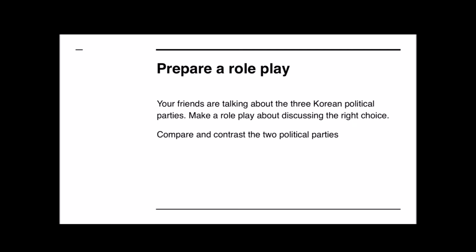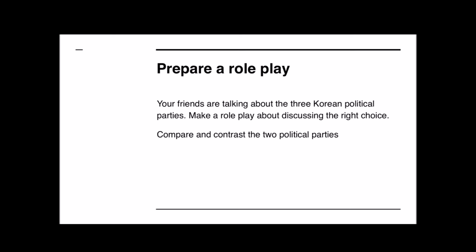If you're a group of 3 or 4 people making this role play, that's good. And you can record it with your smartphones, or you can just act it out and record the audio, or you could just talk about it with your friends and perhaps write out a dialogue of this role play.